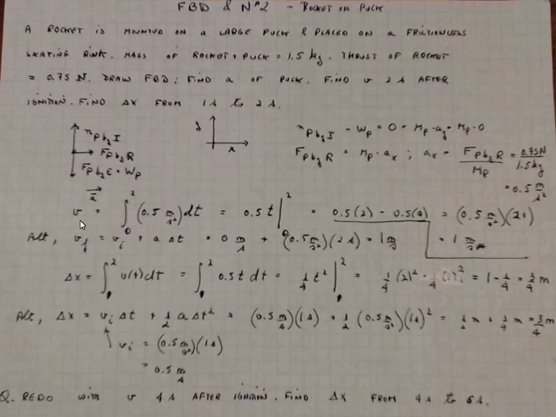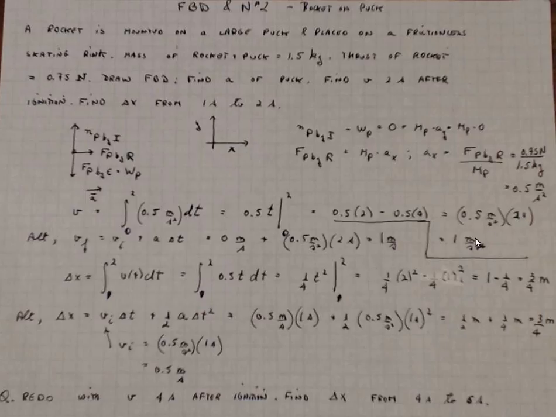To solve for the velocity 2 seconds after ignition, we could take the constant acceleration and integrate it from 0 to 2. Constant acceleration is 0.5, and so the integral of that is just 0.5 times t. Evaluated between 0 and 2 is 0.5 times 2 minus 0.5 times 0, which is 0.5 meters per second squared times 2 seconds.